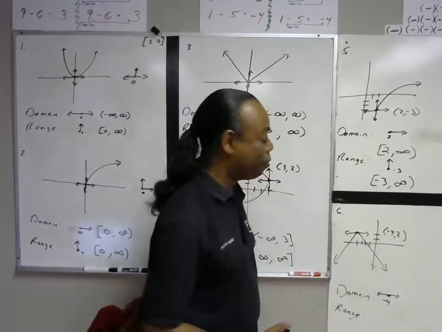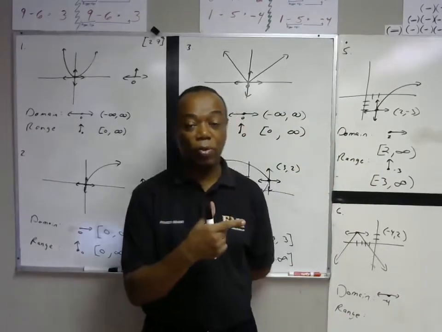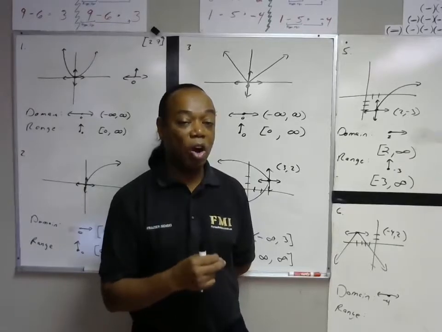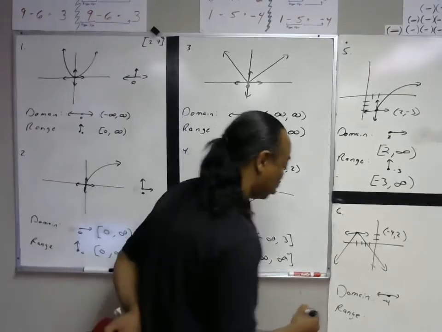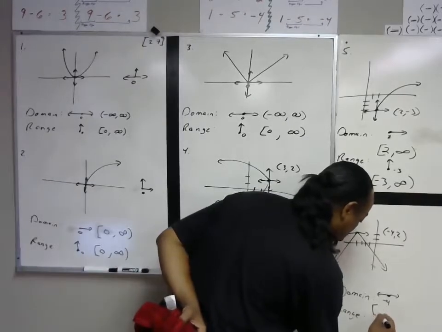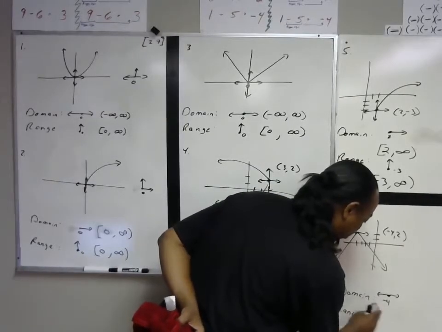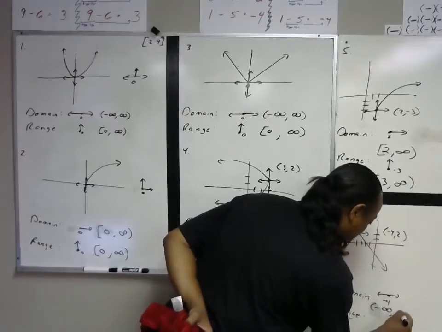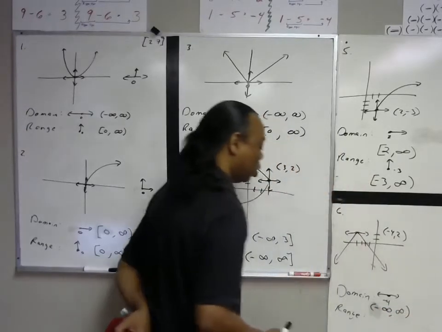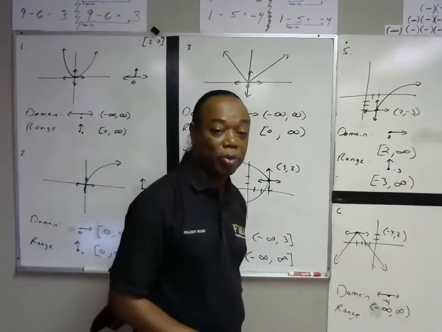And I can see from -4, it does continue to go to the left and to the right forever. That means it's all real numbers as a domain. So I'll write this down as parentheses, negative infinity, positive infinity. Okay. So all real numbers.